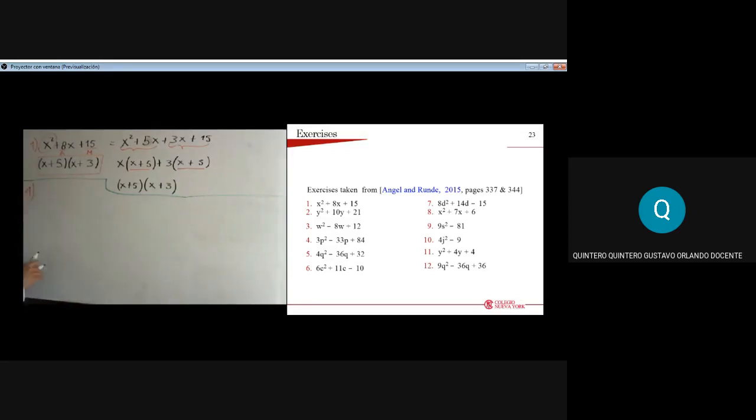Okay, number 4. Question number 4 says 3p squared minus 33p plus 84. Same question: factorize this expression.